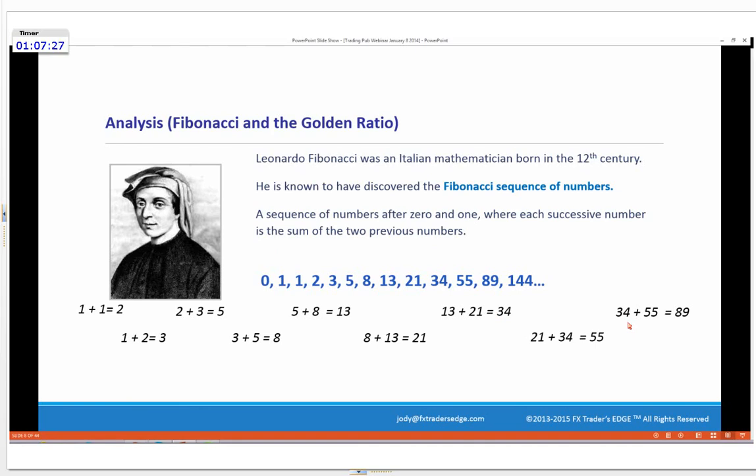The other bit of analysis that you probably all know about is Fibonacci. So Fibonacci was known to have discovered the Fibonacci sequence of numbers.